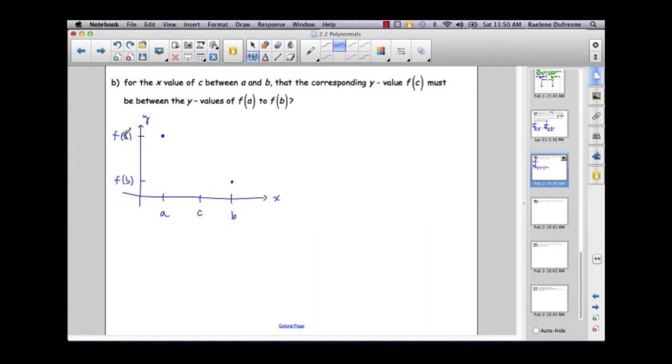We notice that we have a horizontal line of y equals f of a and a horizontal line of y equals f of b. Must f of c lie in between here? That's really what the question is asking. The intermediate value theorem doesn't say that.